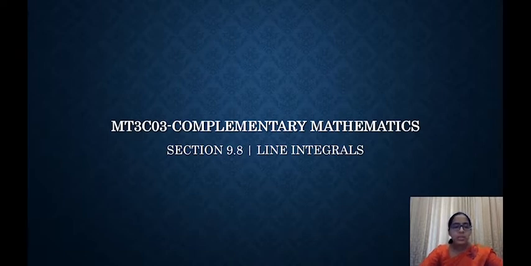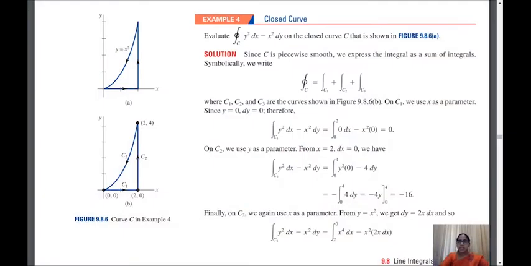So we will begin this section by considering another example which is given in your textbook. This is example 4, regarding the concept of splitting or dividing the curve into more than one smooth curve.